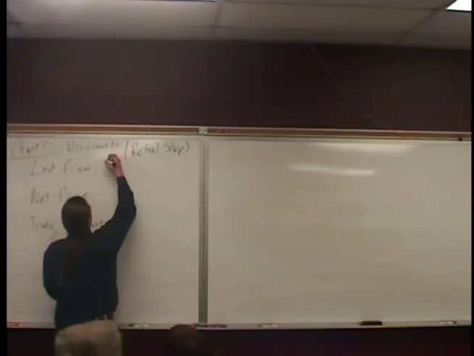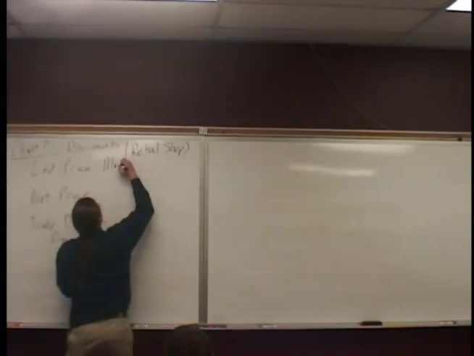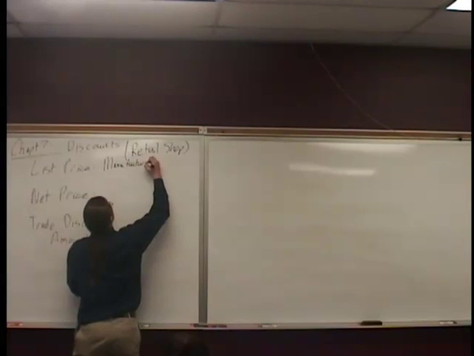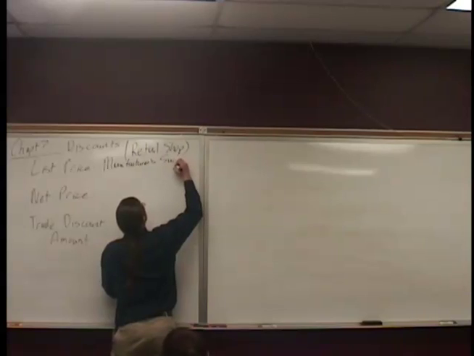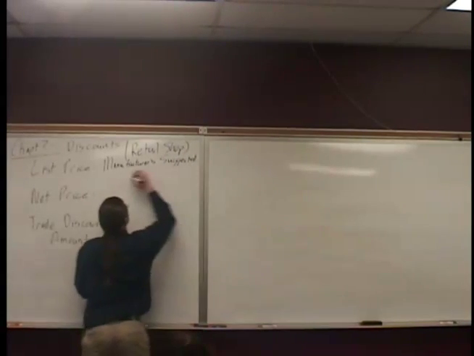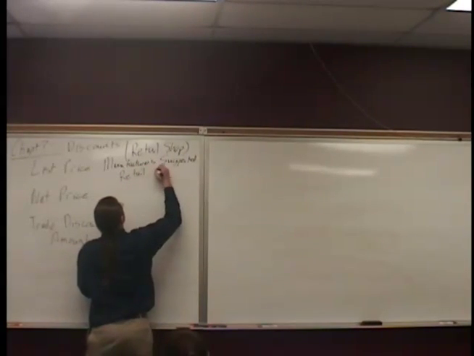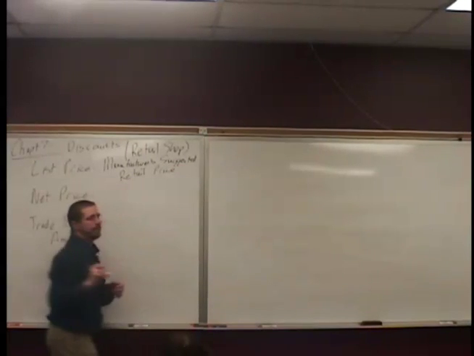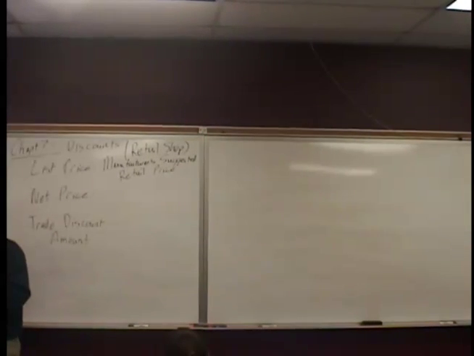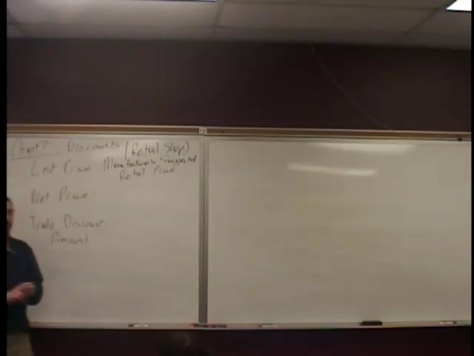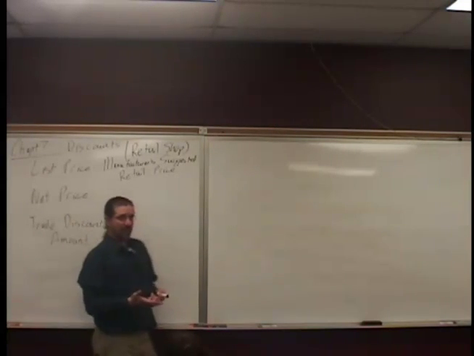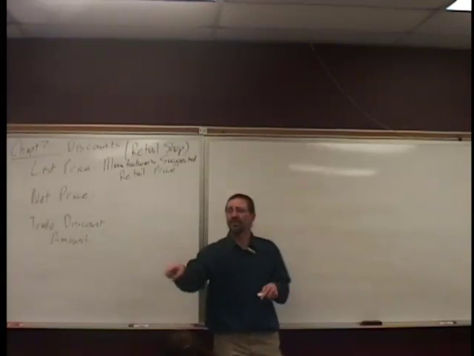So think of this as the manufacturer's suggested retail price. A lot of times when you get into a retail business, the person who's actually making the stuff you're selling will tell you what the price is.